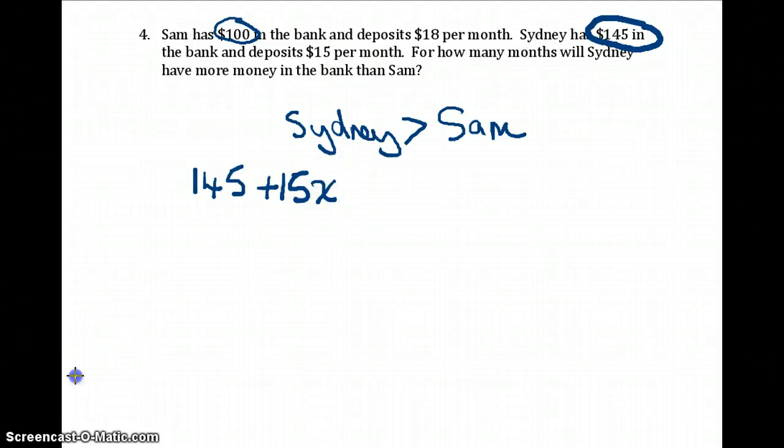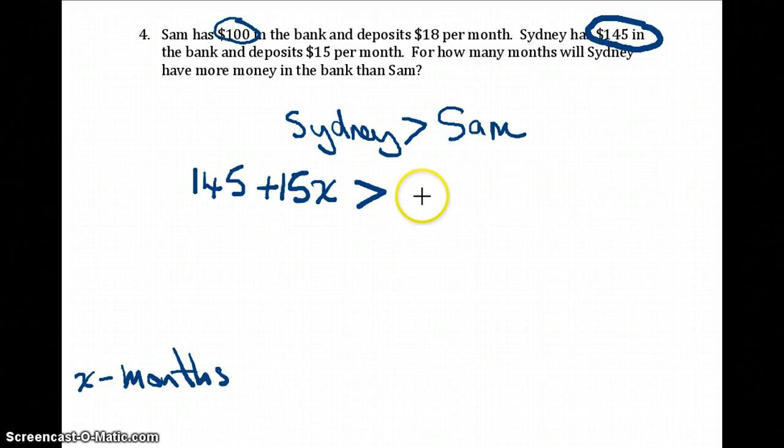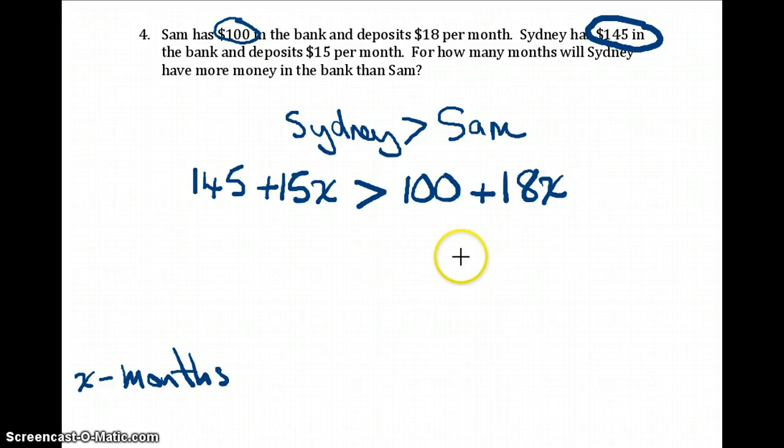So X stands for months. If this was 2 months, 15 times 2. If it was 4 months, 15 times 4. So that tells me how much money Sydney has. We want this to be greater than what Sam has. Sam has $100 plus $18 per month. Okay, I'm going to pause this and solve it.